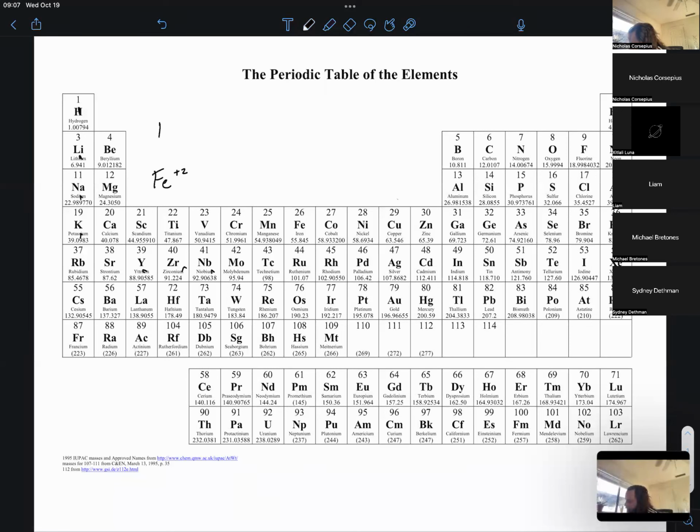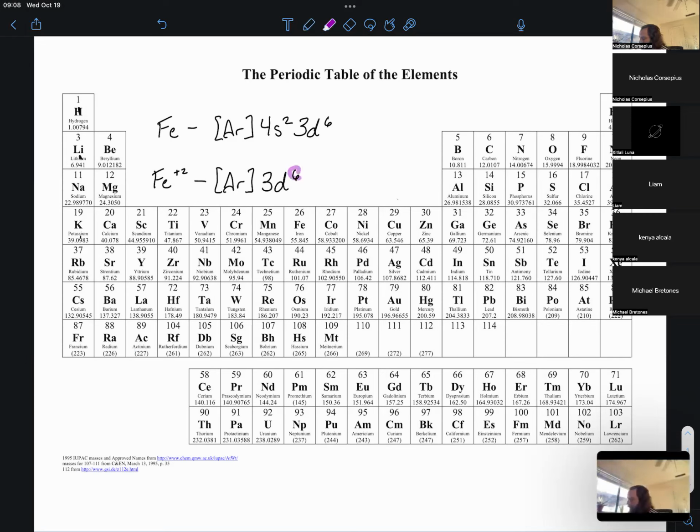Just to do this fast, iron metal would have an electron configuration of argon, followed by 4s2 and then 3d6 electrons. If I'm going to form the iron 2 ion, I'm going to need to take electrons away. That leaves me with the configuration of argon and then just the 3d6.